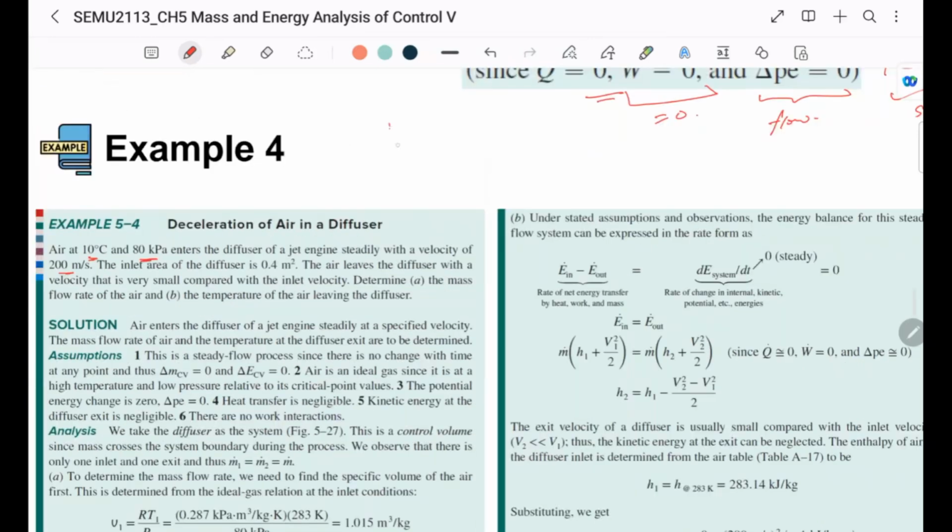Inlet area. So it's a diffuser, so I should just draw like this. 10 degrees Celsius, 80 kilopascal. Velocity is 200 meter per second. The flow goes in. Inlet area 0.4 meter square.